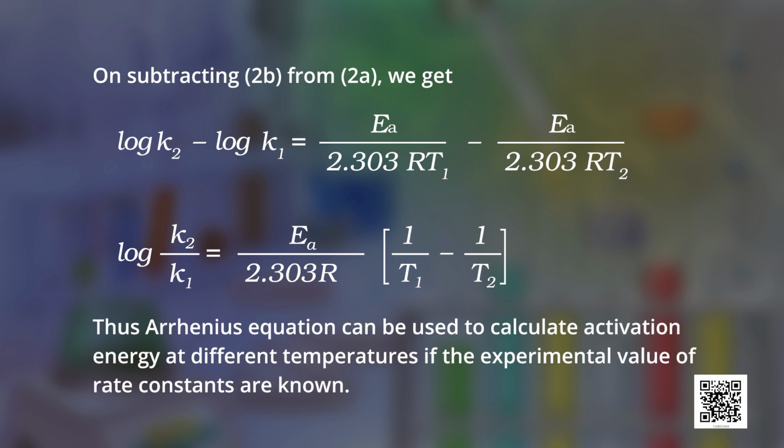Thus, the Arrhenius equation can be used to calculate activation energy at different temperatures if the experimental values of rate constants are known. By now, we are aware that the rate of reaction depends on the concentration of reactants and the temperature. Along with concentration and temperature, a catalyst also has a major effect on the rate of reaction.